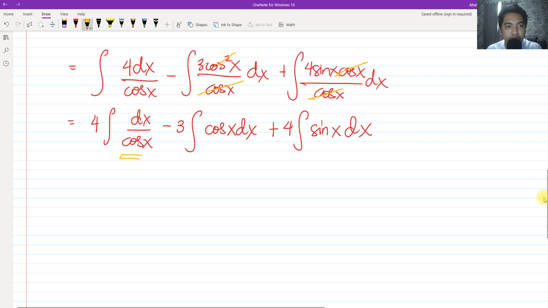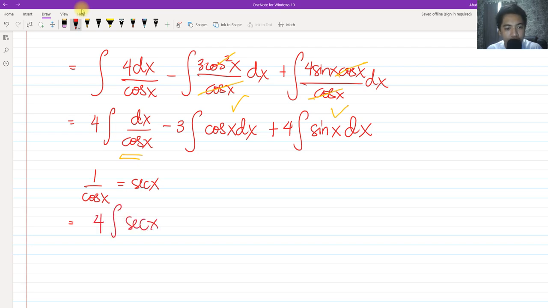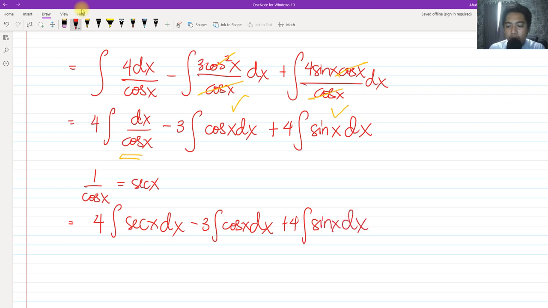But if you recall, 1 all over cosine of x equals secant of x, by the reciprocal identities. So we have 4 integral of secant of x dx minus 3 integral of cosine of x dx plus 4 integral of sine of x dx. So these are all readily integrable.